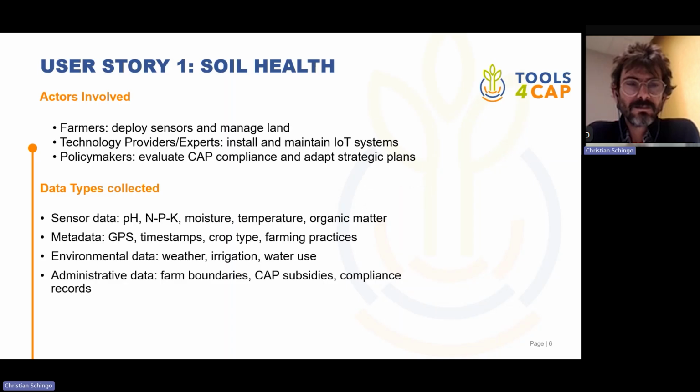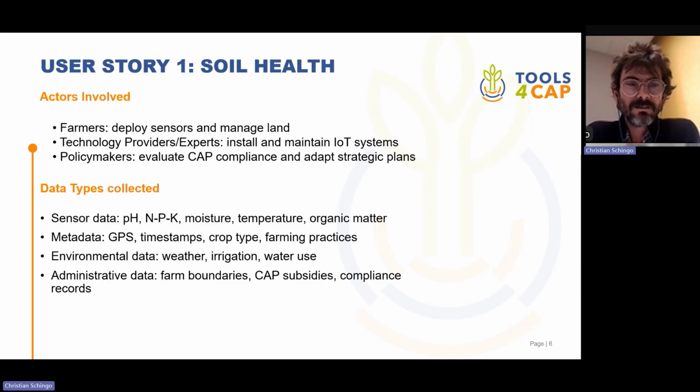The actors involved in these user stories are, of course, the farmers, who deploy the sensors and manage the land. Then we have the technology providers, who install and maintain the IoT systems in the fields and on the farms. And then we have the policymakers, who evaluate the CAP compliance, adapt strategic plans, and can also evaluate the data coming from the sensors.